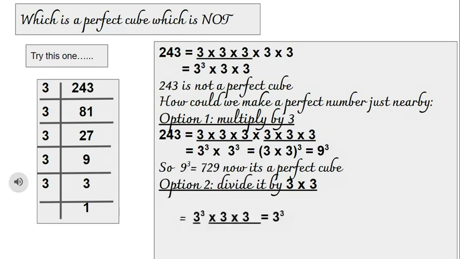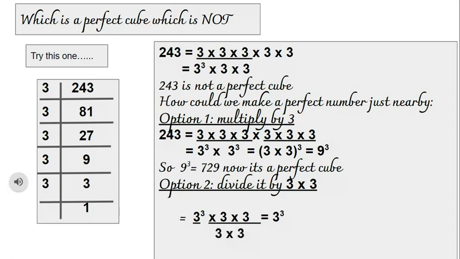Right now 243 is not a perfect cube because of the presence of this extra portion, isn't it? So we just need to get rid of this extra portion. One option was multiplication by 3, and the second option is dividing by 3 into 3.